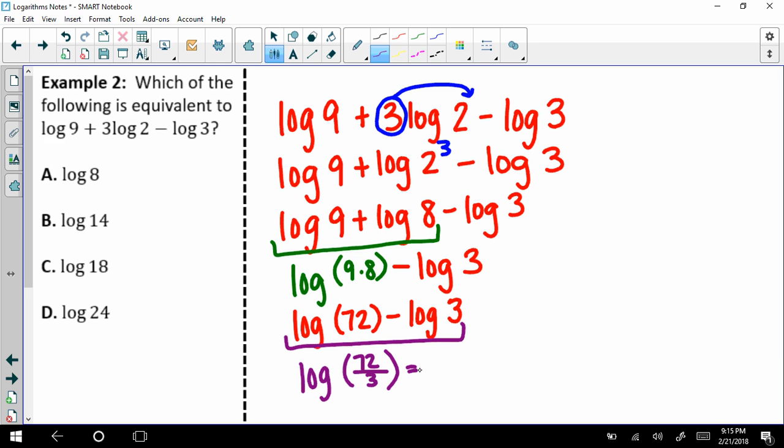And then you go ahead and simplify that. So 72 divided by 3 gives you 24. So it gives you log 24, which is letter D. So this problem actually used all three properties at some point.